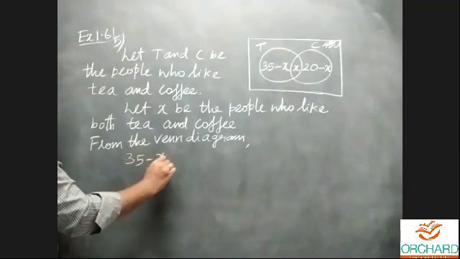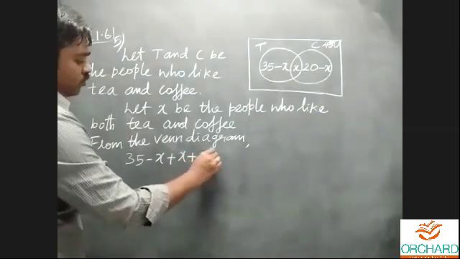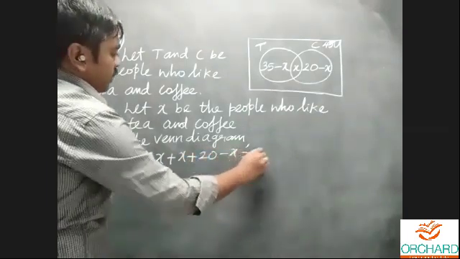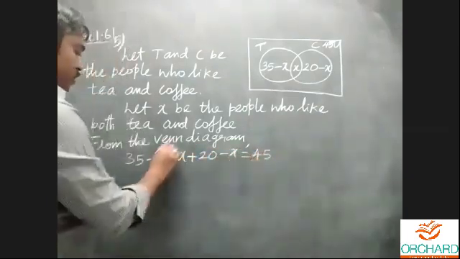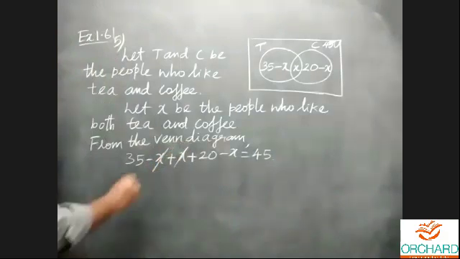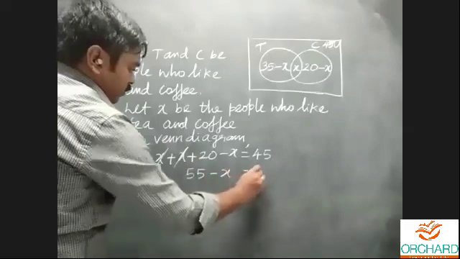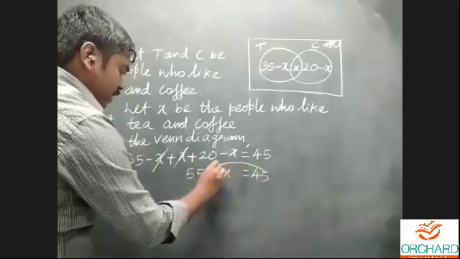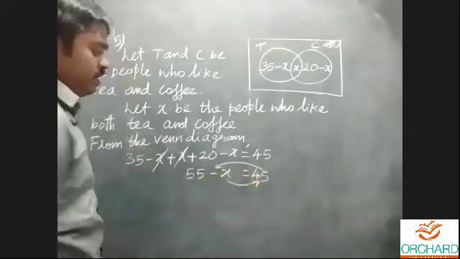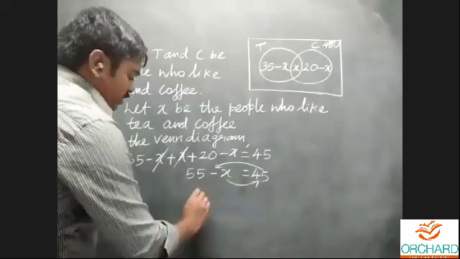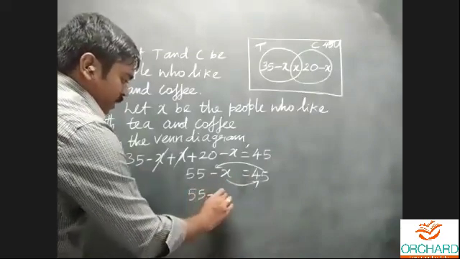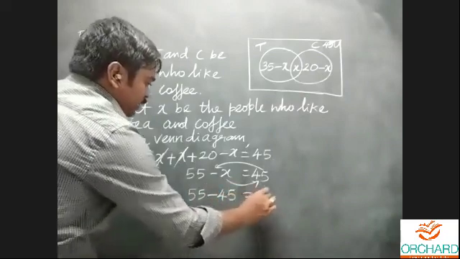35 minus X plus X plus 20 minus X equal to 45. Minus X plus X gets cancelled. 35 plus 20 is 55. 55 minus X equal to 45. 45 will come to this side and minus X will move to the other side. So, 55 minus 45 is equal to 10.